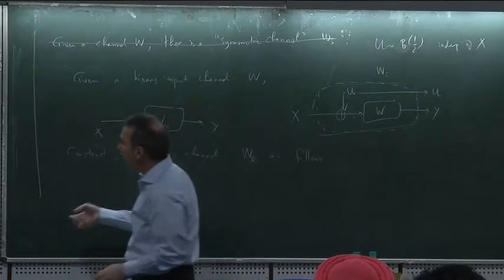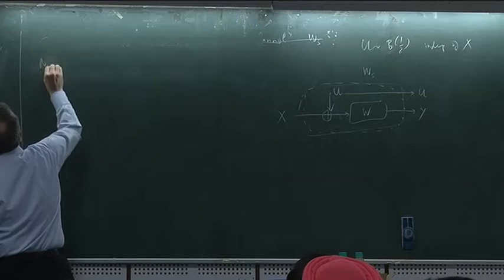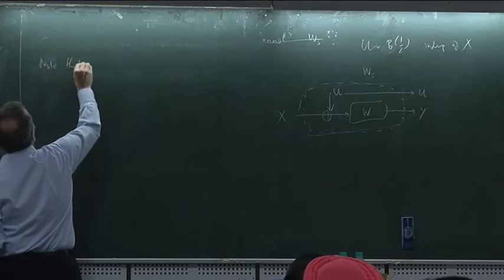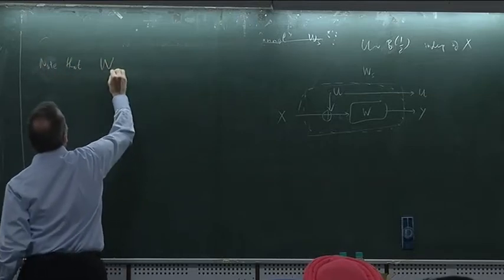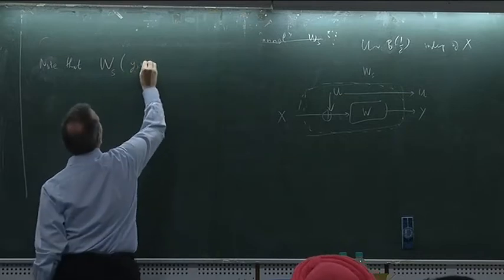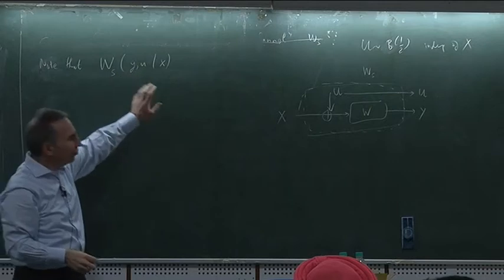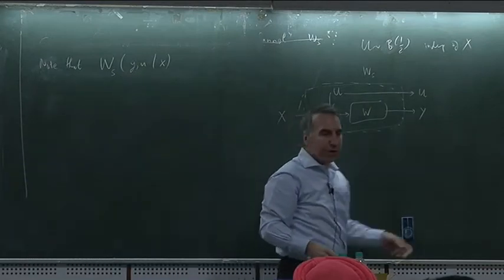So this channel WS. Note that WS of y comma u given x. This WS has two outputs, the y here and the u there.